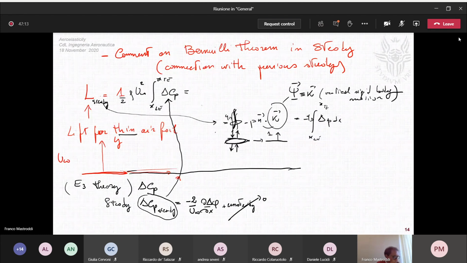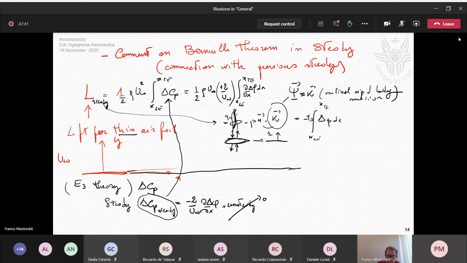And so we have 1/2 rho u infinite times 2 by u infinite, and the integral from the leading edge to the trailing edge of the derivative with respect to x of delta phi.